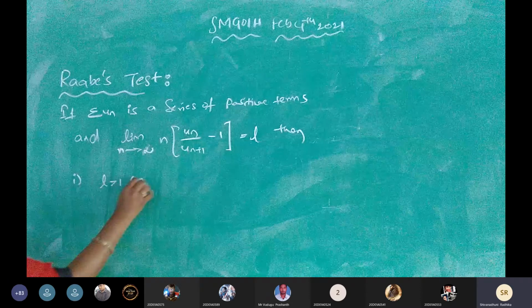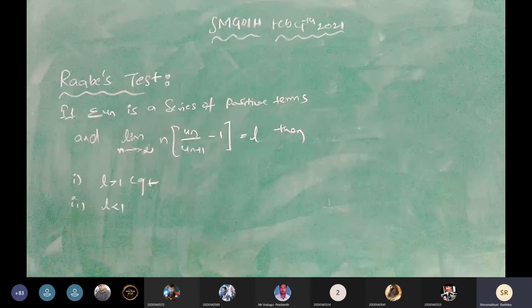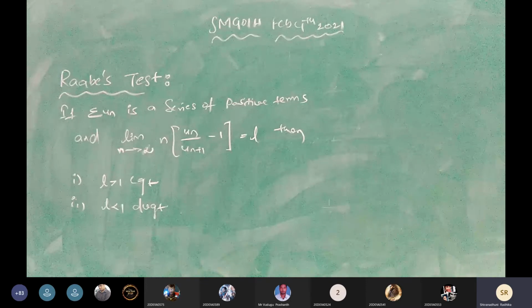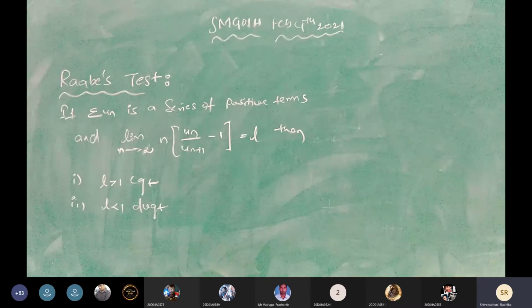Second one, L less than 1, divergent. L greater than 1, convergent. L less than 1, divergent. And we don't have the test fails in Raabe's test. We don't have any condition for test fails. Only two conditions. First one is convergence, and the other one is divergence.